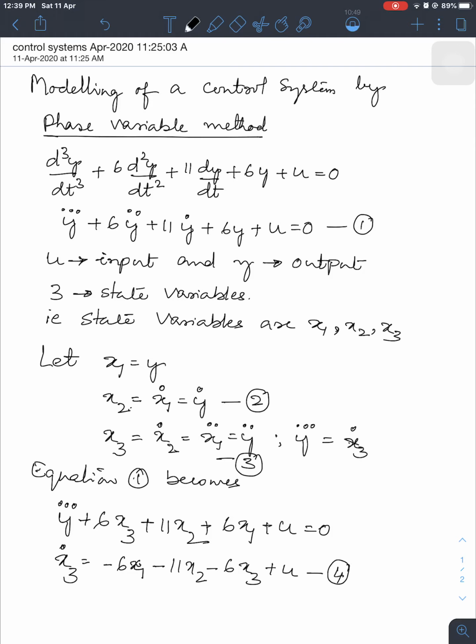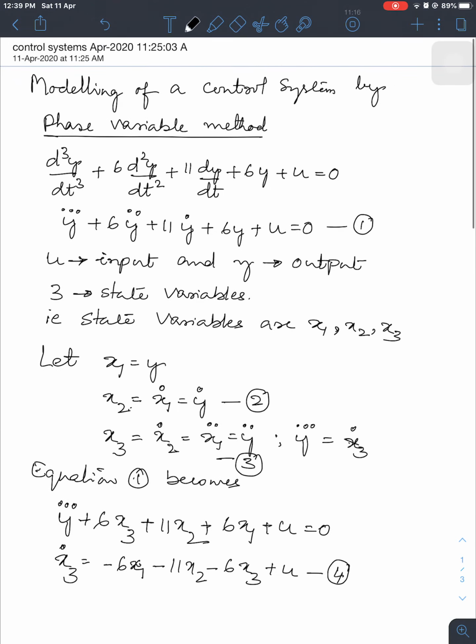Now we will try to rewrite equations 2, 3 and 4 in the manner which is required for modeling. Equation 2 is x1 dot equal to x2. We will only retain that much. x1 dot equal to x2. This is equation 2.